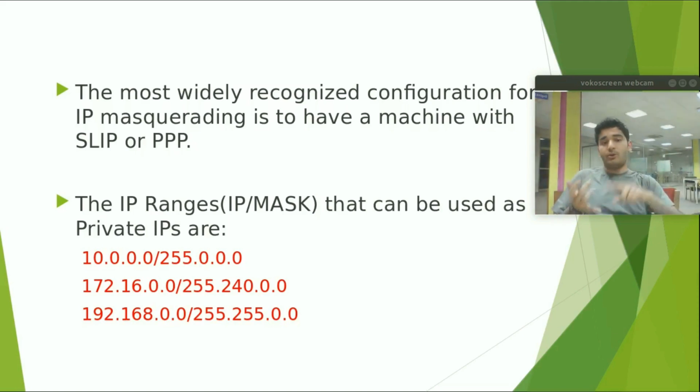It could go .0.1, .0.2, .0.3, .0.4, and so on. And then you have the subnet mask, which is 255.255.0.0. These are the IP ranges that can be used as private IPs on your private systems, PC1, PC2, PC3, as we have discussed in the diagram.